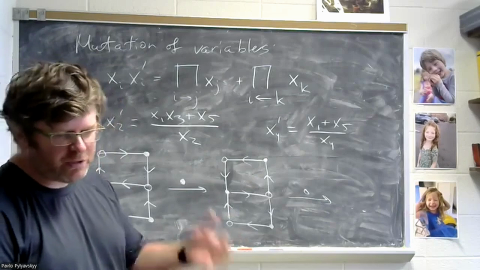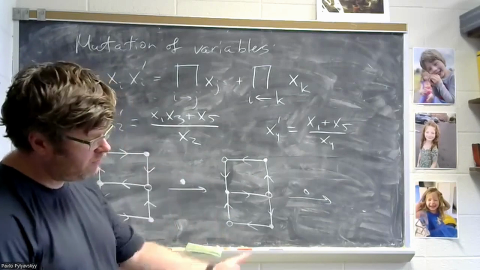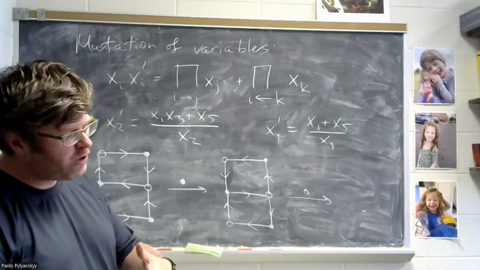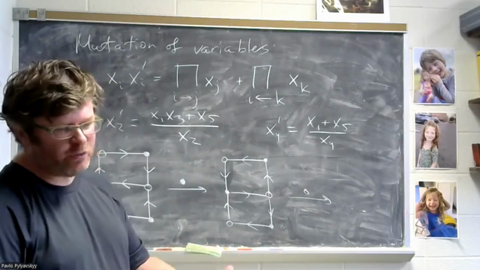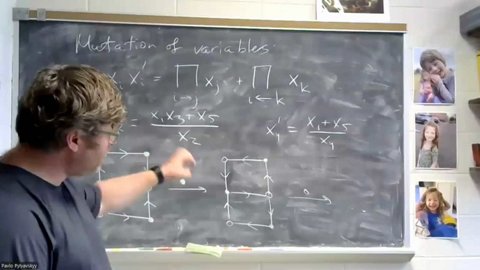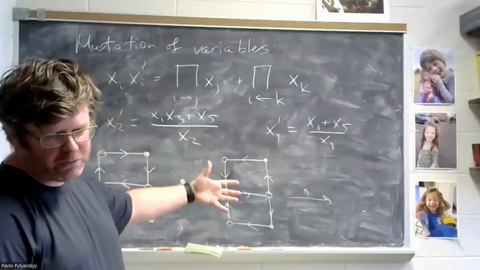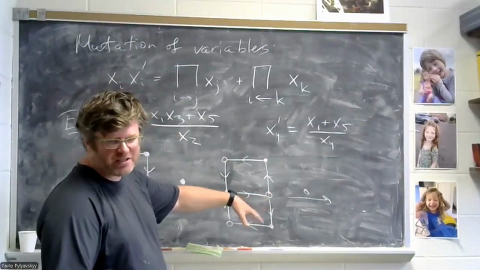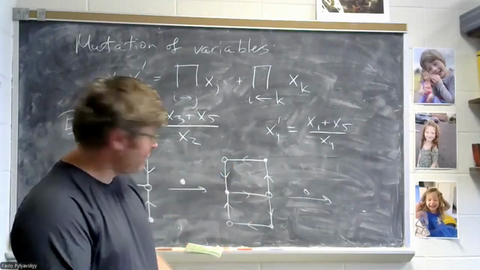And that's interesting. People in integrable systems like to study this kind of thing. A lot of math which arises in nature is of this kind, where you start with some quiver, you click, and you get back the same quiver, except the variables change. You get the same graph, but the variables change.